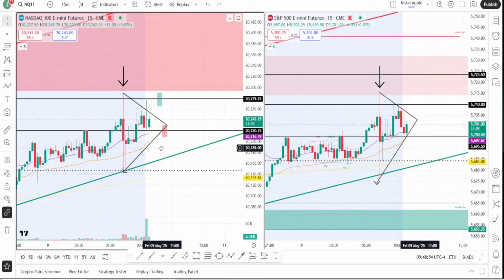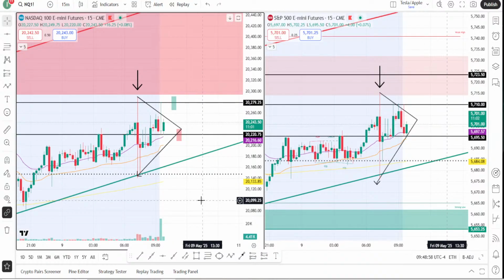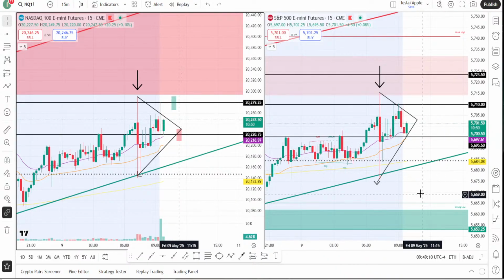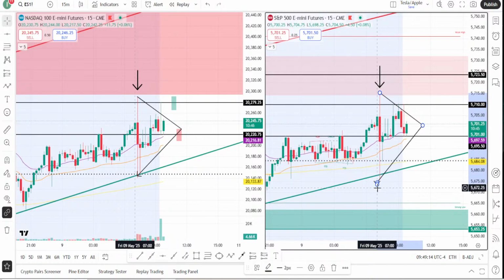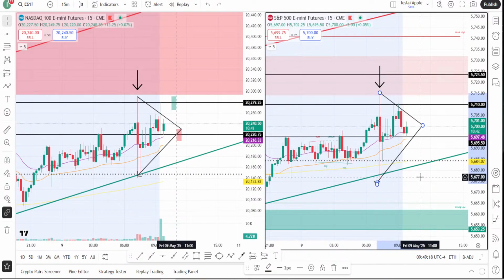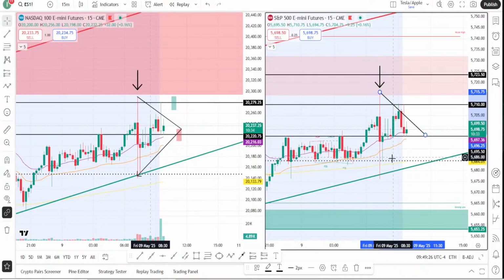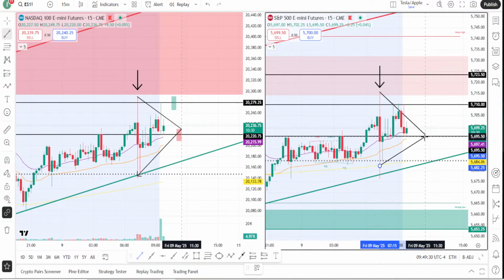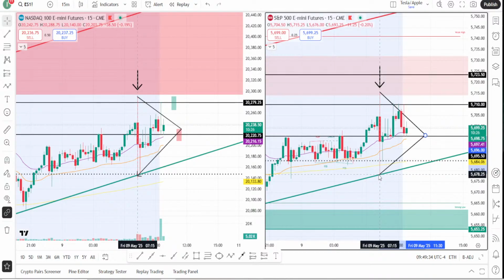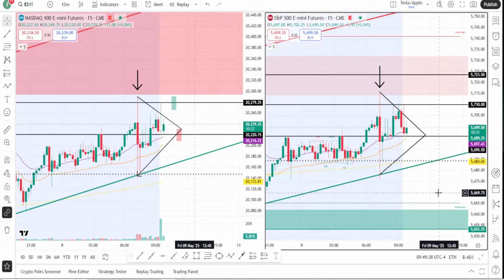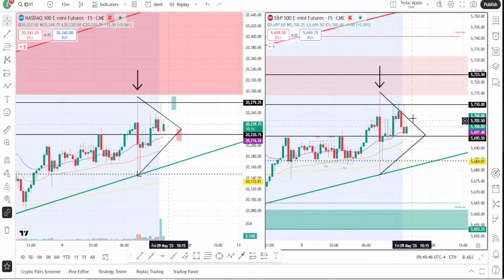Yeah, very slow start today, man. Very slow start. I would love to see here a close above or below this range, and then a second candle pushing in the same direction.